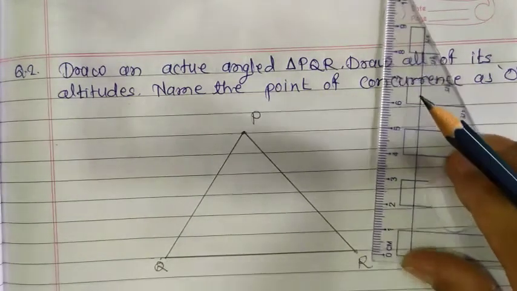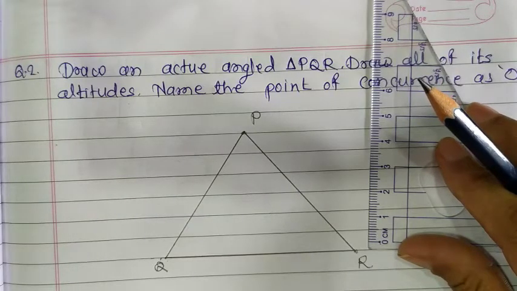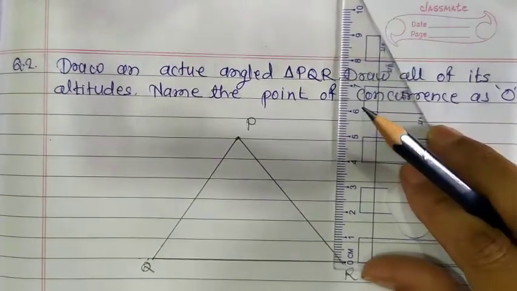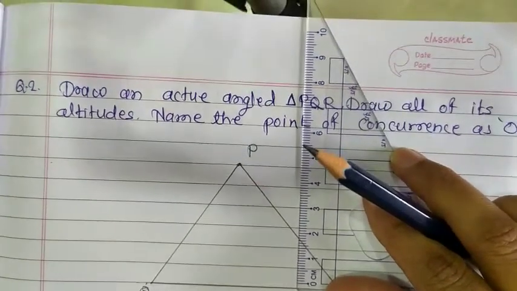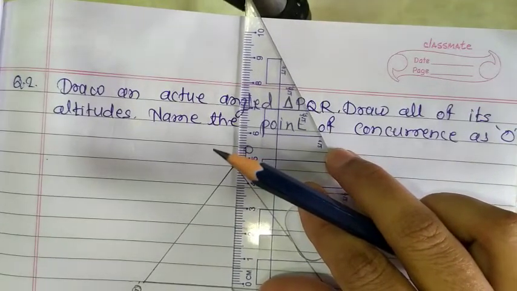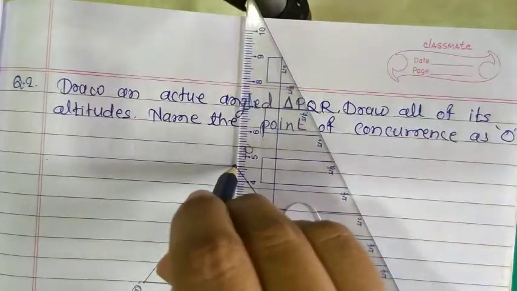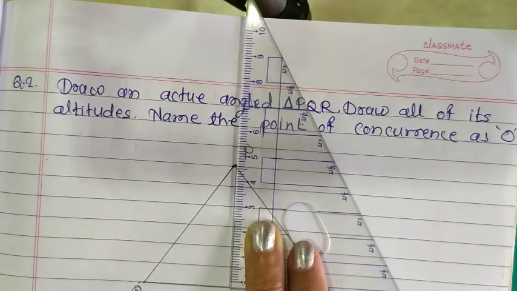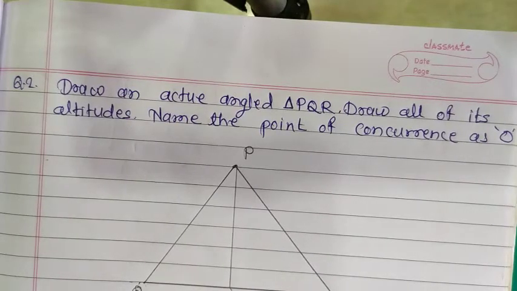We used the set square in the previous chapter to draw the perpendicular, hence here also we use the set square. From the base QR we draw the altitude here. This is the first altitude; name it S.